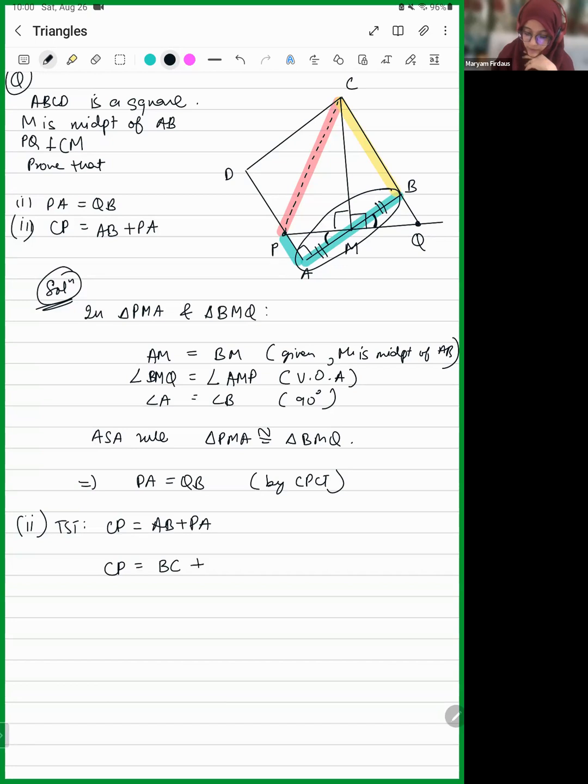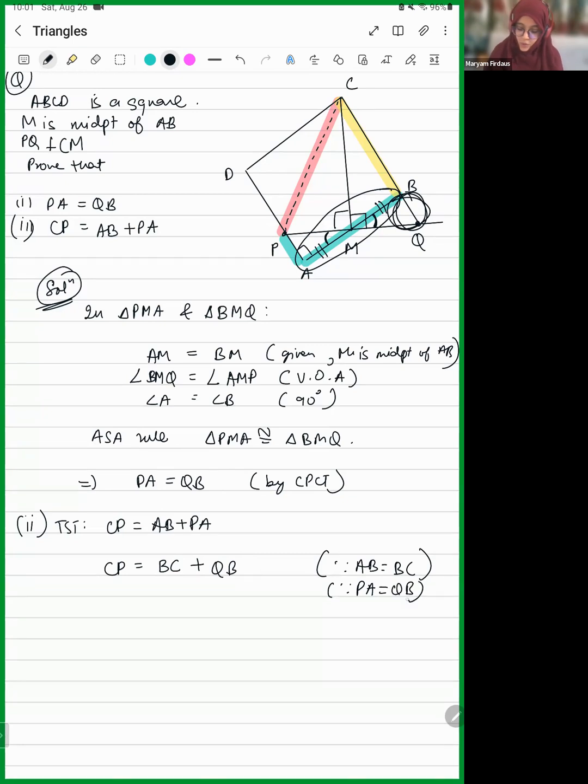Yes, because it is equal, since AB is equal to BC, because it's the same square. Now, instead of PA, can we write QB? Because they are equal, we have just shown. Yes, ma'am.